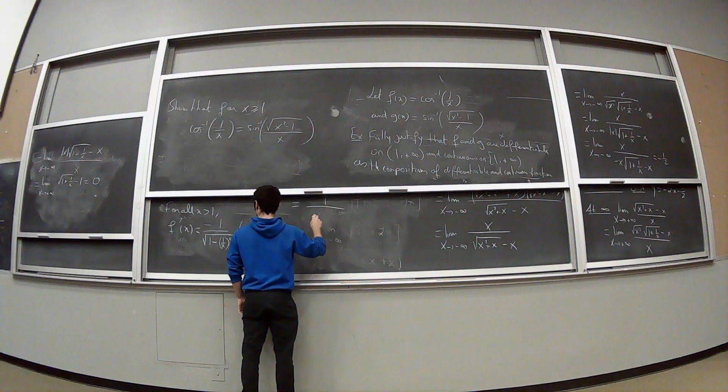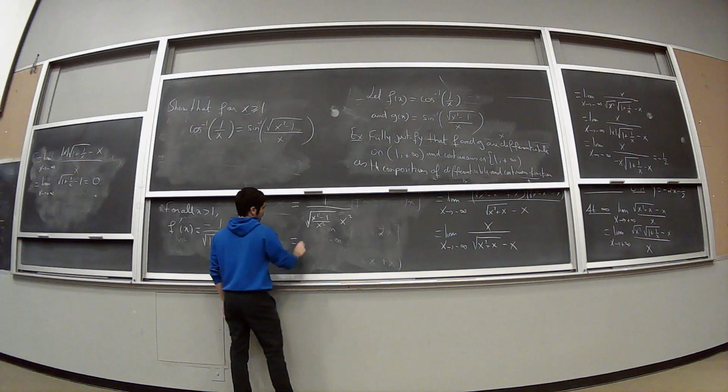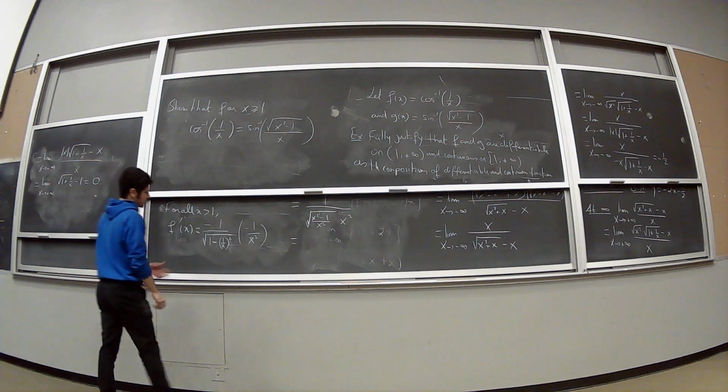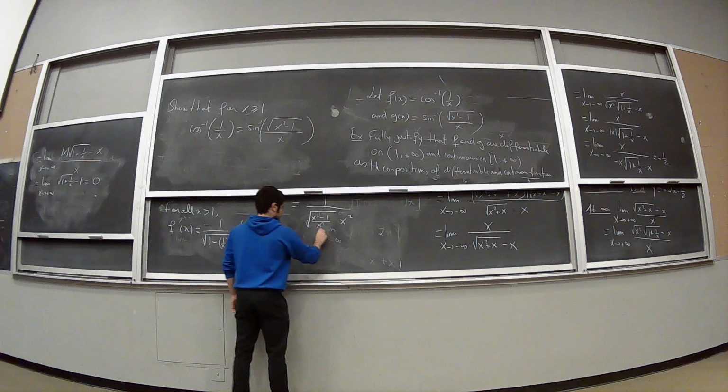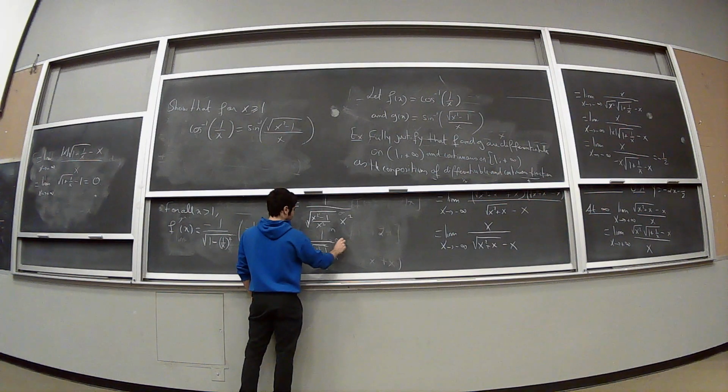It's 1 over square root of x squared minus 1 over x squared, right? Times x squared. Now, try to write it nicely. Always try to simplify it in a nice way. So it's 1 over square root of x squared minus 1, the square root of x squared is the absolute value of x, times x squared.